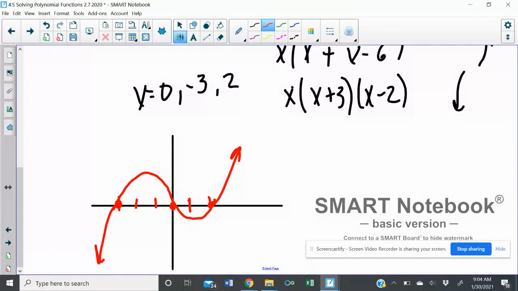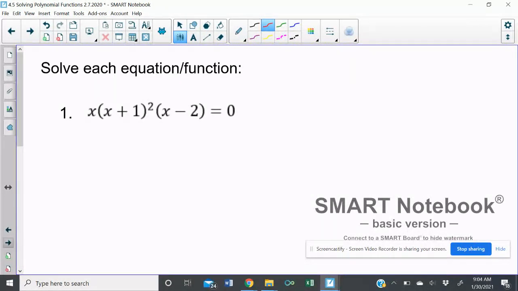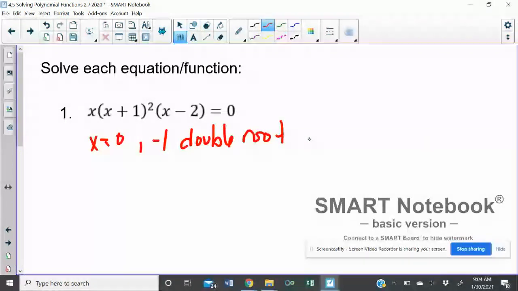When we have an equation like this, this would be x equals 0, -1 double root, and 2. If you take a look, 2, 3, 4, we have an even, right?